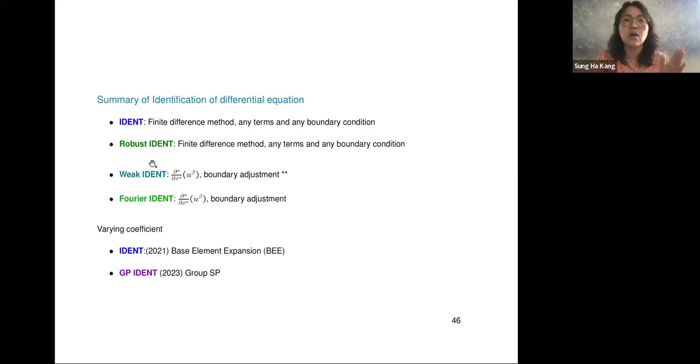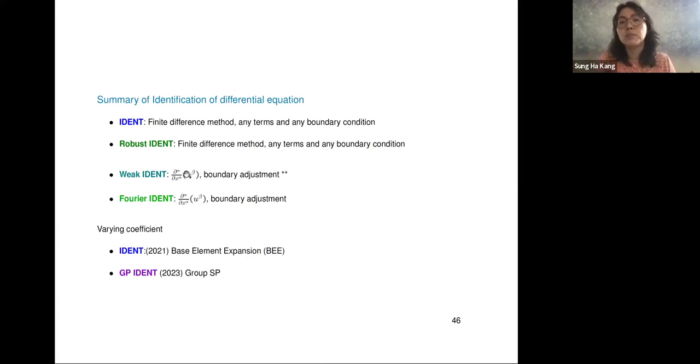However, why do I talk about the other Ident and Robust Ident? The reason is that with Weak Ident and Fourier Ident, in order to really make use of them, integration by parts has to be used, meaning some of the terms are restricted in order to take full advantage of Weak Ident. In the finite difference setting, yes, finite difference is difficult. You need to have denoising in a proper way, but you can have many different types of equation.